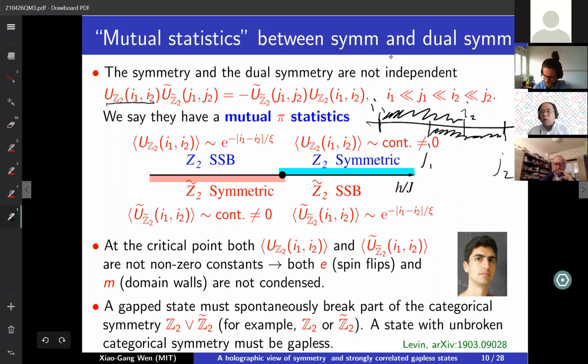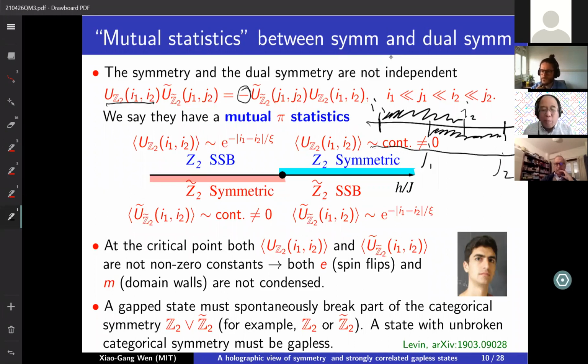If they are arranged this way, these two operators anti-commute with a minus sign. Certainly, if two segments do not overlap, they commute. If one operator is within the other, they also commute. But if they have this kind of overlap, they anti-commute.